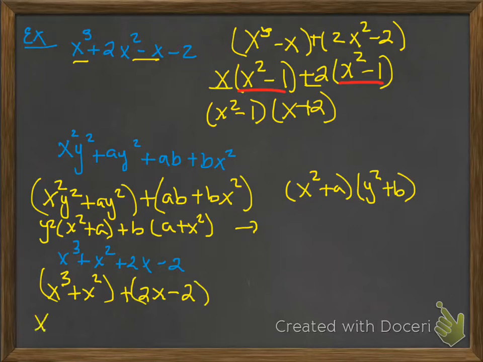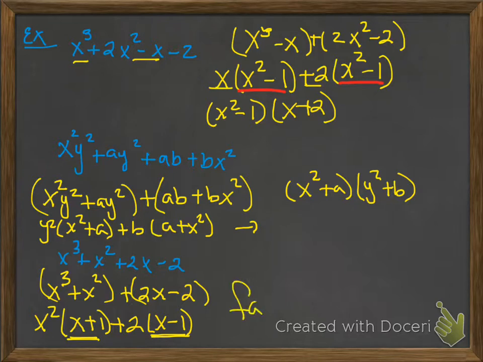So I get x squared times x plus 1, plus 2 times x minus 1. Now this isn't the same. X plus 1 and x minus 1 aren't the same, so we can't factor. Alright, not possible.